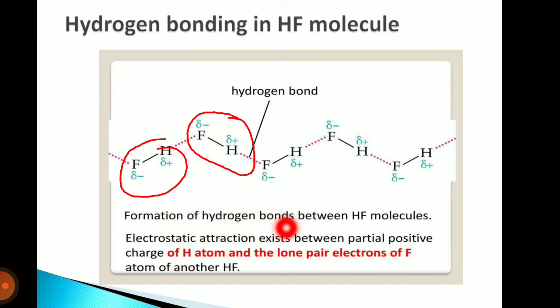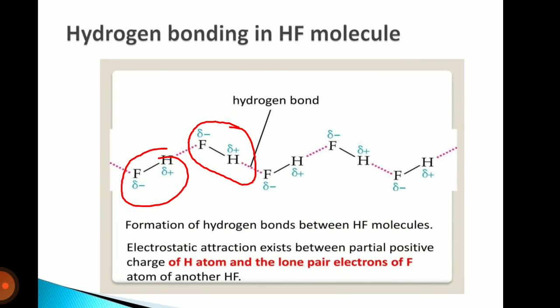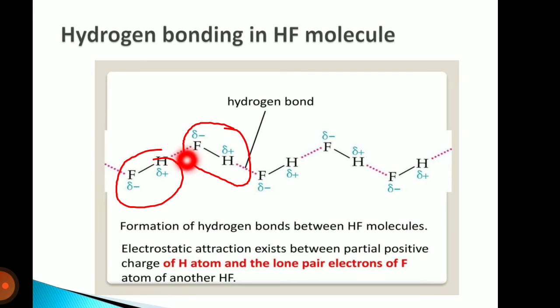The formation of hydrogen bonds between HF molecules is represented in this diagram. Electrostatic attraction exists between the partial positive charge hydrogen atom of one molecule and the lone pair of electrons of the fluorine atom of another HF molecule, and it is represented by the dotted lines.